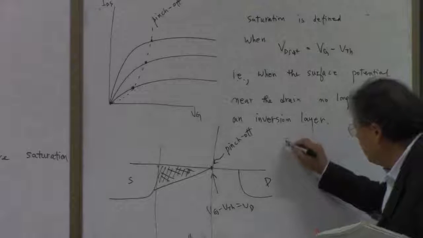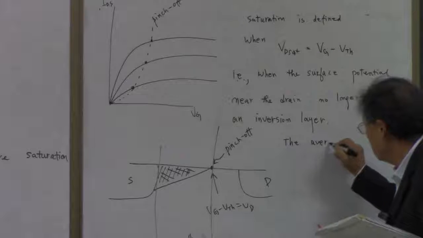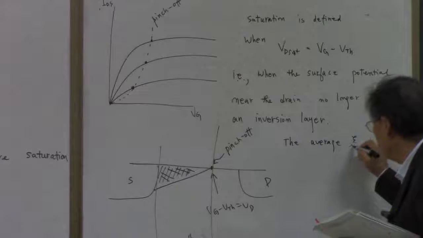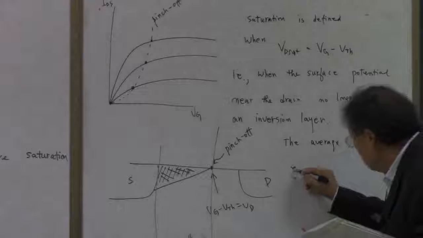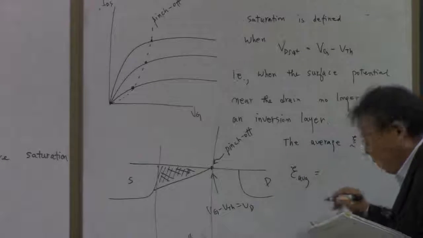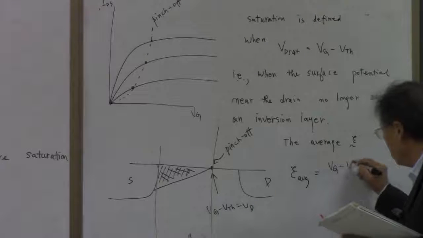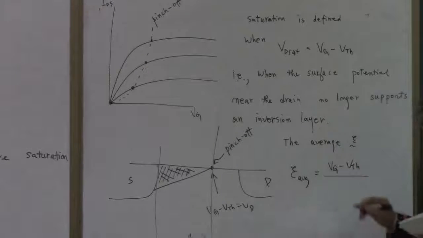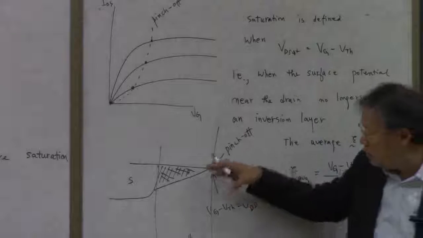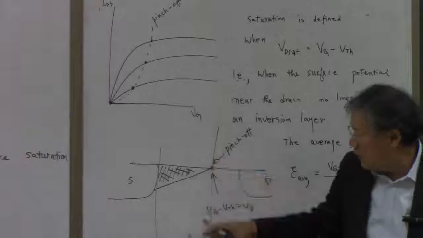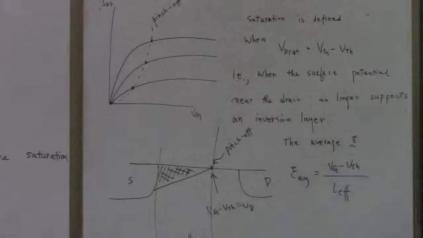So that means the average electric field between source and drain is going to be set by the threshold voltage and gate voltage. And now you have to use a new length between source and drain, because all the charges in the inversion layer are going to be confined physically in this new effective length.